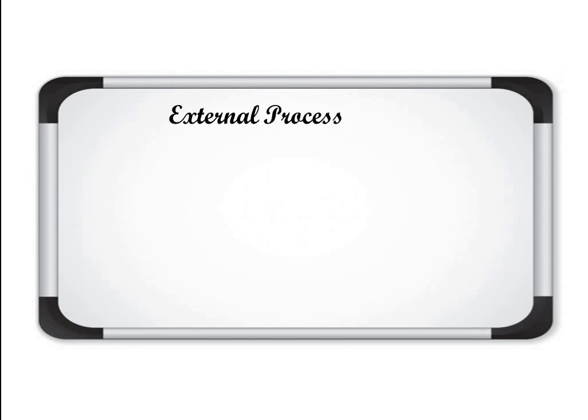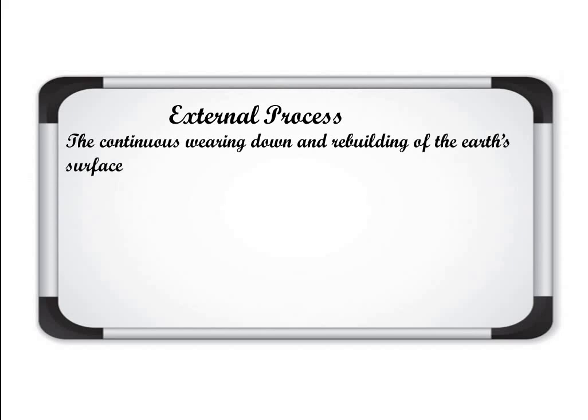Next is the external process. By the name we can say that it is happening on the surface of the earth. The continuous wearing down and rebuilding of the earth's surface is the result of the external process.